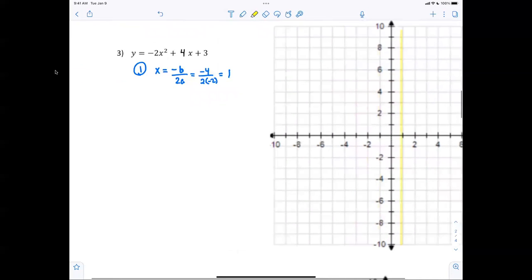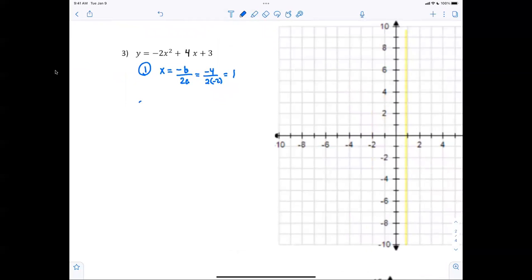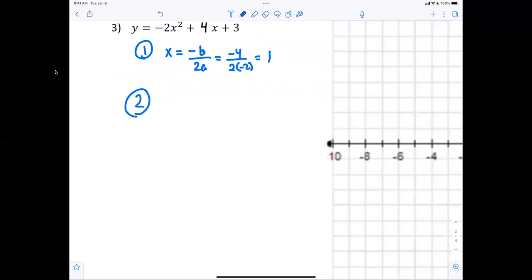All right. So now to find the vertex, you plug 1 in. So I want everybody to write y equals -2, open parentheses, 1 squared plus 4 times 1 plus 3. So y equals... Who did the mental math on that?